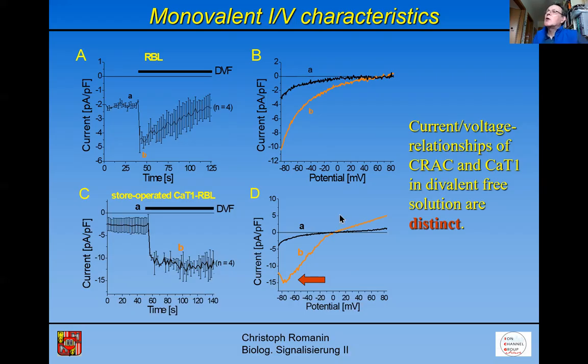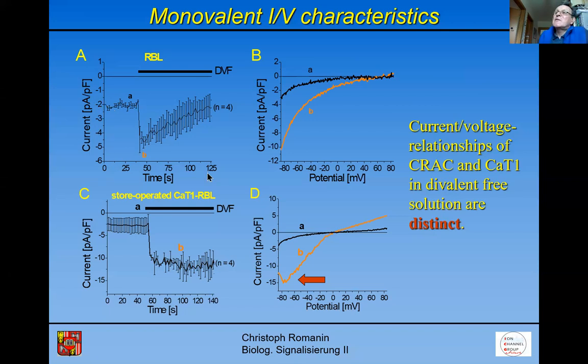And this solution, where no calcium and magnesium is present anymore, is called a divalent-free solution. That is a solution that at the extracellular side mainly contains sodium. And you should now get sodium flowing through the crack channels. That's well known.